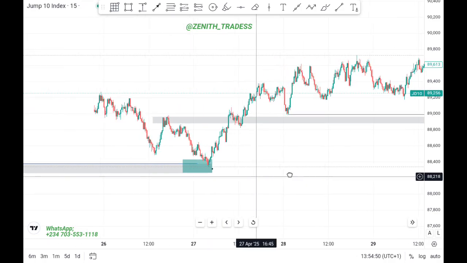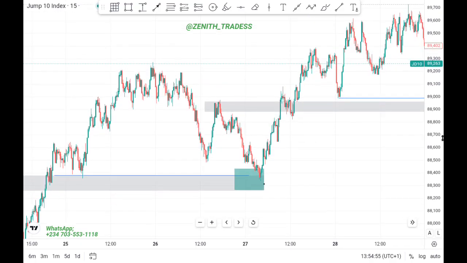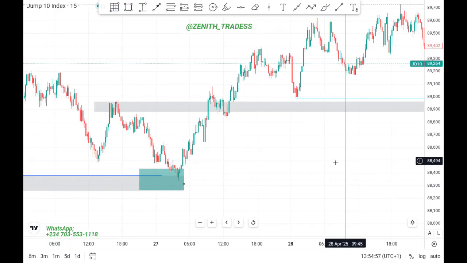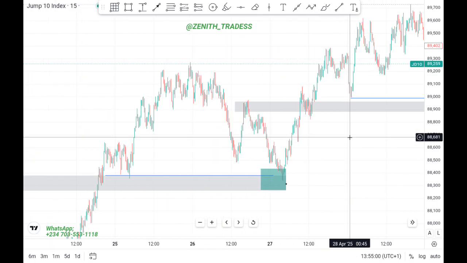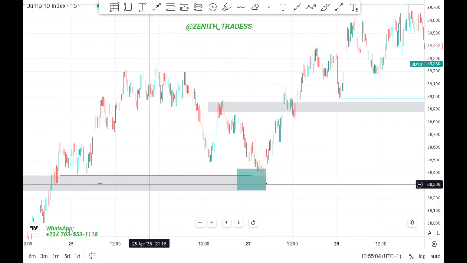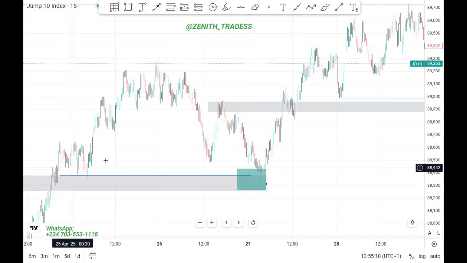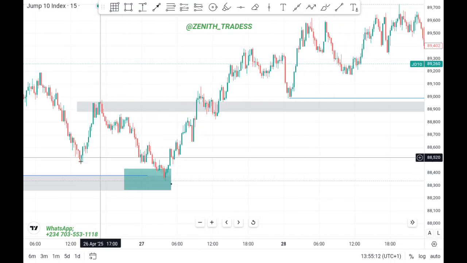You know, it gave us CRT on 4H, right? Alright, let's say we wanted to trade this in form of a reclaim block. Where is the block that was invalidated? Okay, did it sweep this low? Yeah, of course, it swept this low. But you can even refer to this block here.